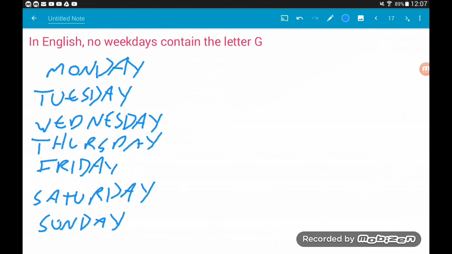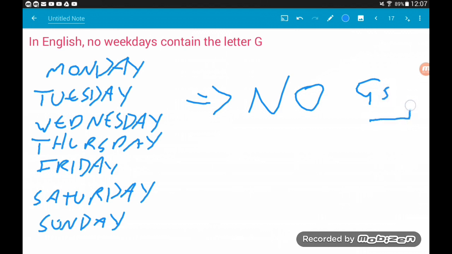So we've proven that no weekday contains the letter G. Now, at the end of a proof, let's just say this implies then no G's. So at the end of a proof, you can either put a little end of proof sign like that, or my personal favourite, we can put a cheeky QED.